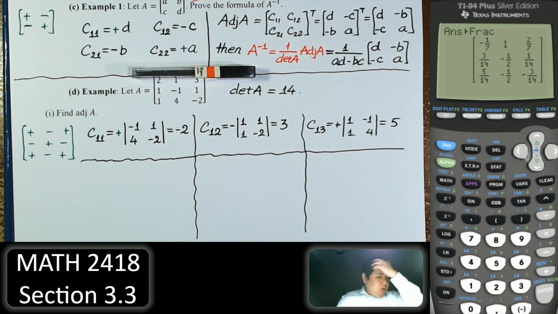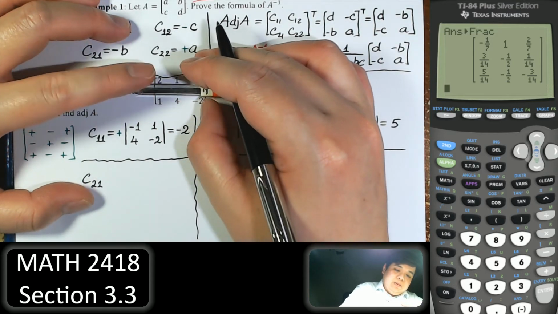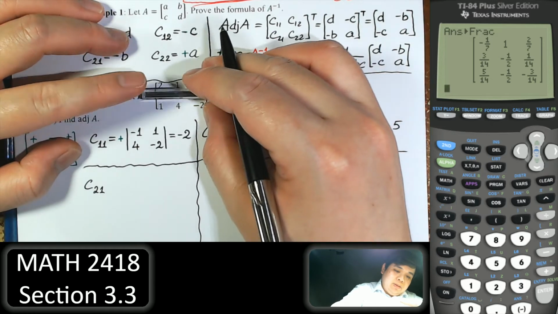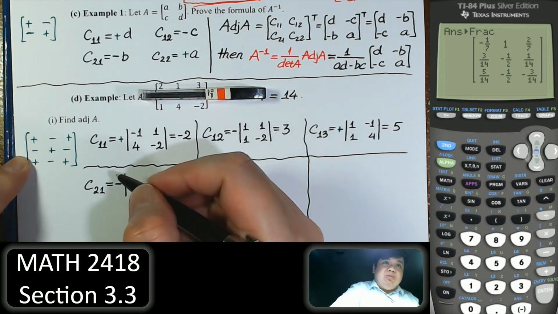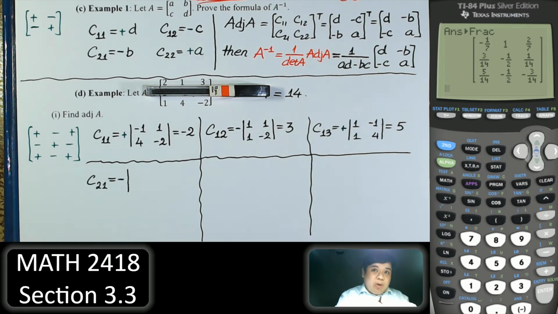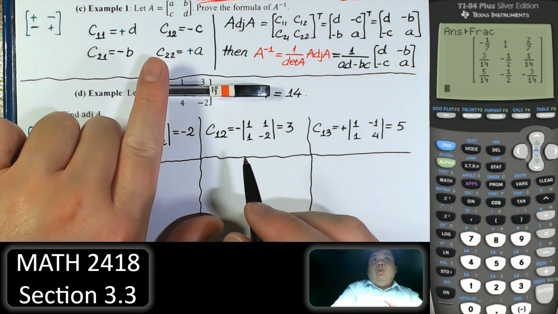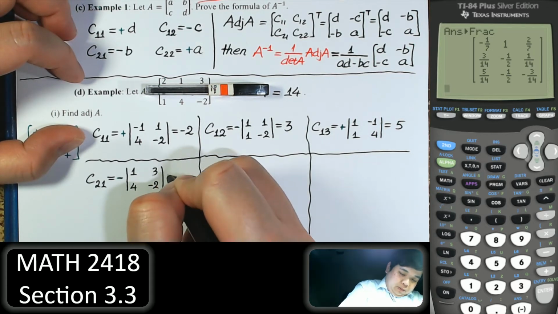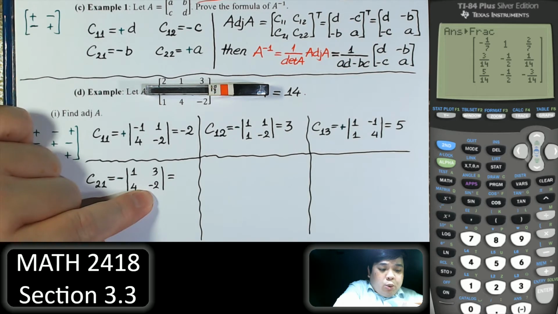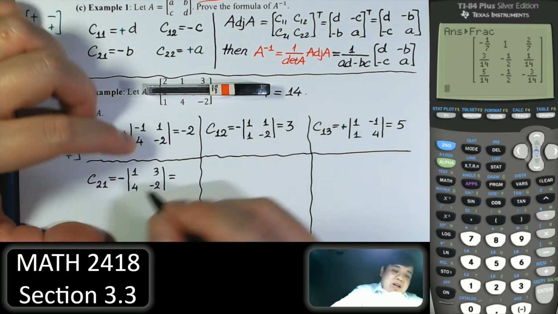Right. So that's C11, C12, and C13. Right, next C21. C21 stands on the negative sign. Yes, the calculation here sounds simple, but there's a lot of little computation. Right, so without the first row and the first column it will be 1, 3, 4, negative 2. So that is negative 2, negative 12, negative 14, with the negative, so that is positive 14.